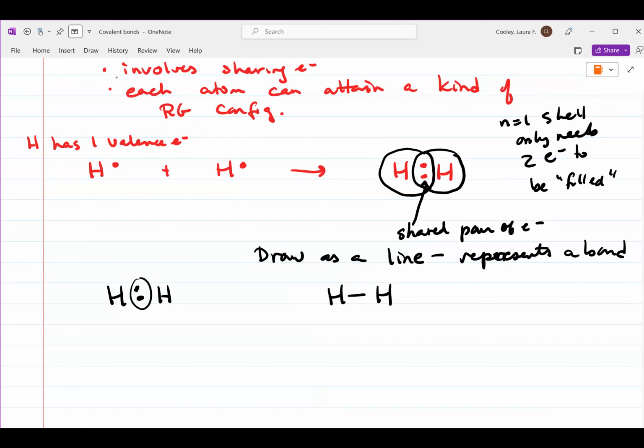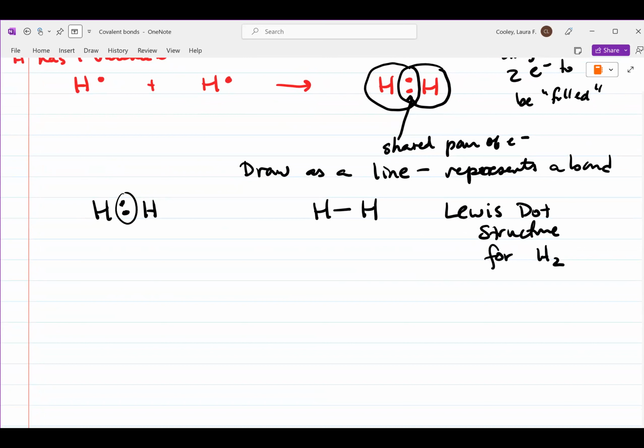This is called the Lewis dot structure for H2. And this guy, G.N. Lewis, believe it or not, is from Weymouth, Massachusetts. He was born in 1875, and he came up with this way of representing simple molecules using what we call Lewis dot structures, where the lines represent bonds.